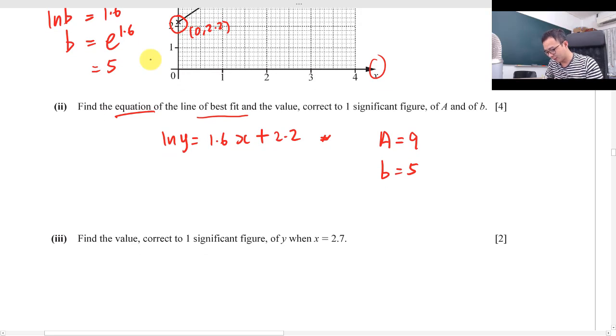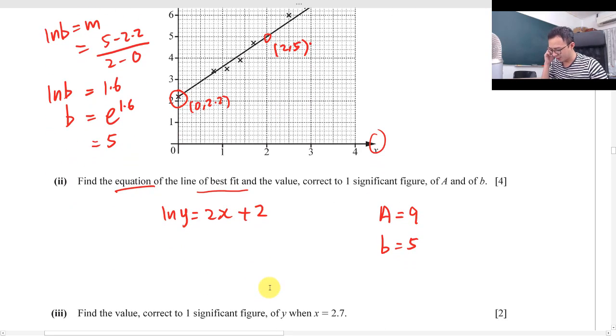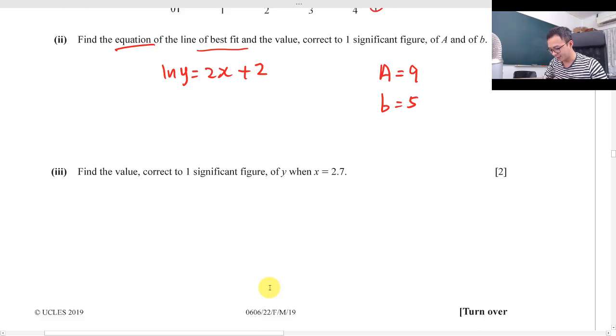So therefore, alright, I will rewrite my equation. My gradient is 1.6 and my c is 2.2, so it's 1.6x plus 2.2.